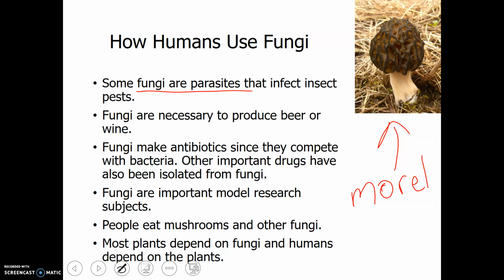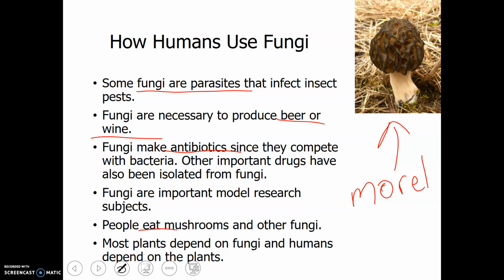Yeast are used to produce beer and wine and bread. Fungi are used to make antibiotics like penicillin. They're important as research subjects. We eat fungi. We eat mushrooms, morels, truffles, and probably some other different ones.